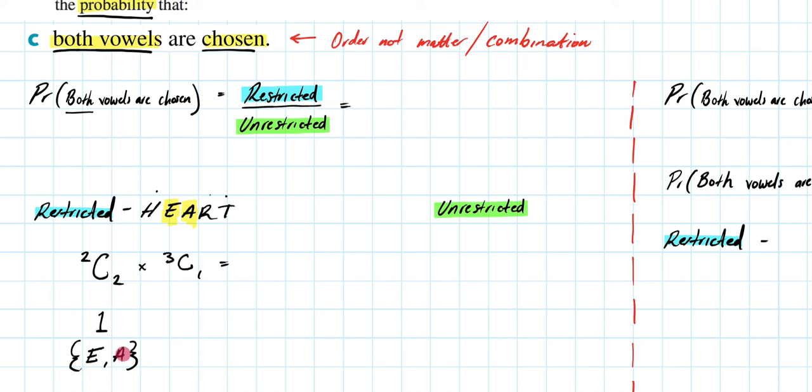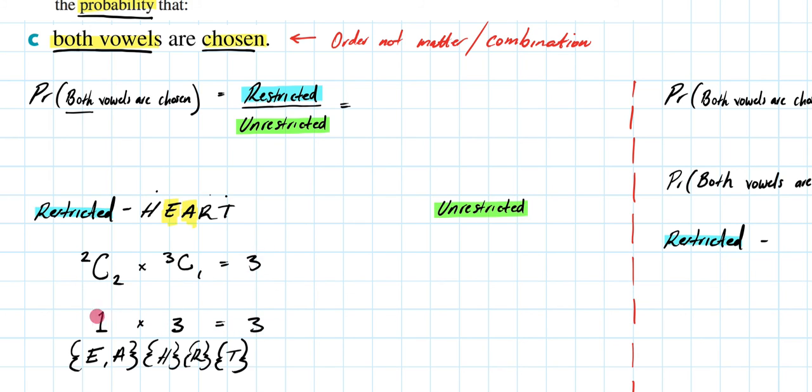Now the next bit is multiplied by 3C1. I have H, R, and T, and from these letters I need to fill 1 position. That's going to be 3, because I could have H, or R, or T. They are my 3 options. So it's just 1 times 3, which is equal to 3.